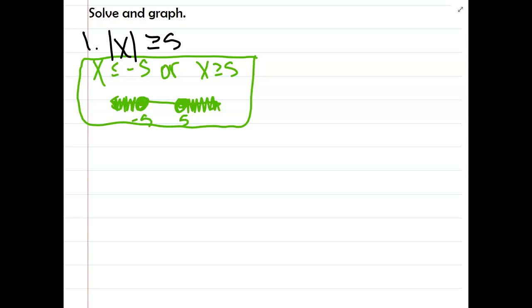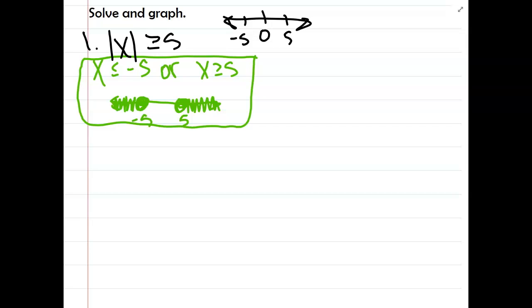Yes? So it's the greater than or equal to 5. If you started at 0 and had to take more than 5 steps, negative 5 and 5 are going to be our boundary lines here. If you took 1 step, that's not more than 5 steps, right?